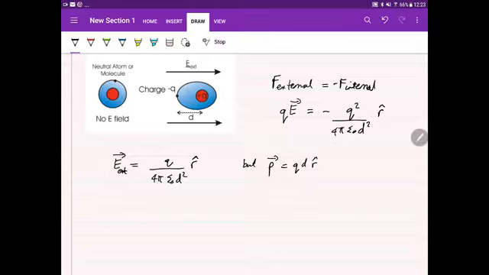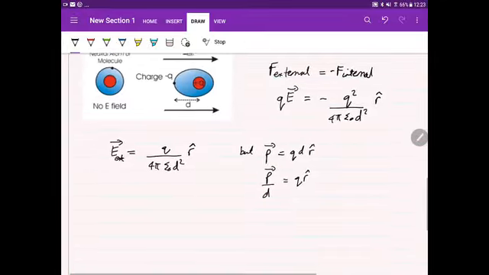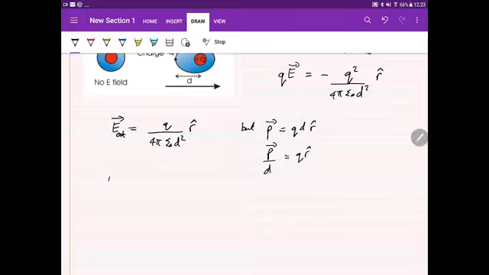That can be rearranged to say that p over d is equal to q r hat, and then we can substitute that into this equation, because here we have a q r hat, and so we can substitute p over d for that. So the electric field is the same thing as the dipole moment divided by 4 pi epsilon naught d cubed.